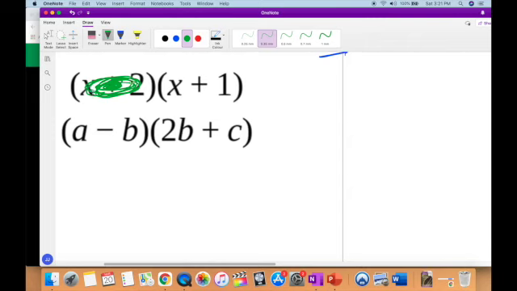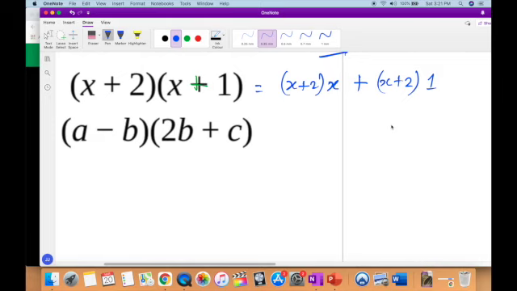So I'm going to take this big blob of a number and multiply it by that, plus I'm going to take this big blob of a number and multiply it by that. So what will I get? This big blob of a number, (x plus 2), and I'll multiply it by x first, plus (x plus 2), and I'll multiply it by the 1.